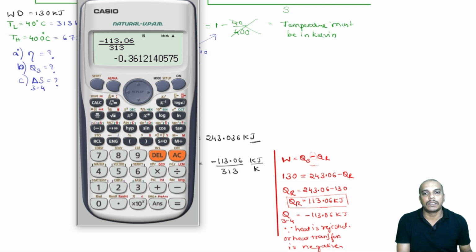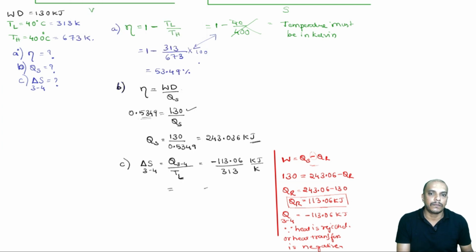That is minus 0.3612 kilojoule per Kelvin. So, this is how we solve Carnot cycle problems. Make sure that temperature is in Kelvin. Thank you.